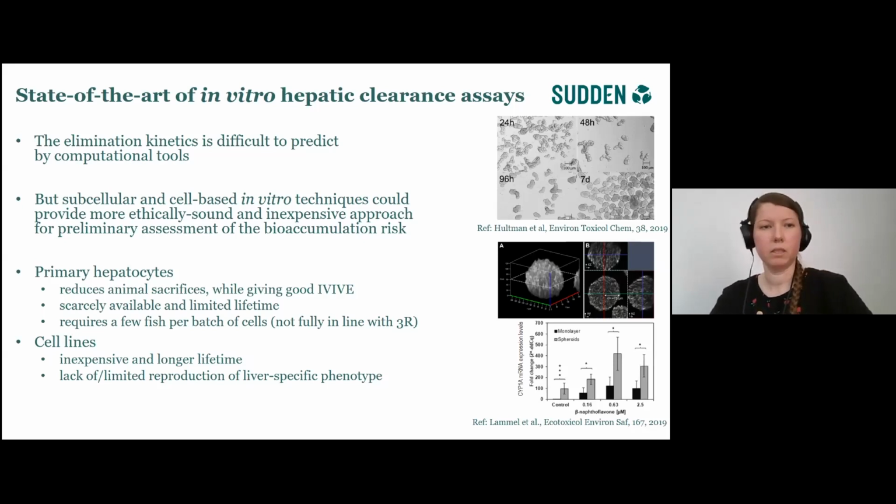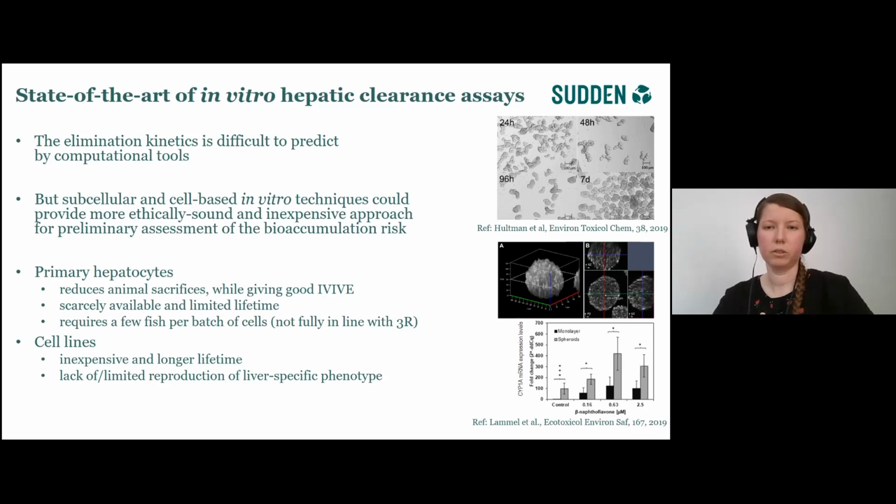But these techniques have their shortcomings. We can use primary hepatocytes, but in this case, we also need to extract the cells from living organisms. So we need to sacrifice fish for these cells. The number of animals needed is lower, so in this way, it is more ethically sound than using whole animals.